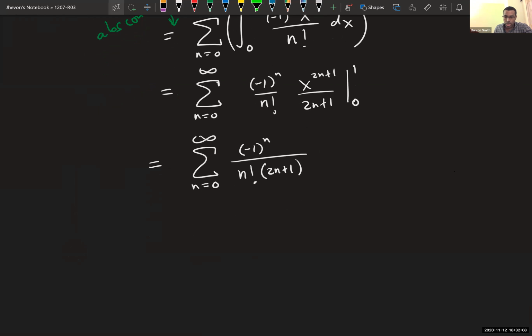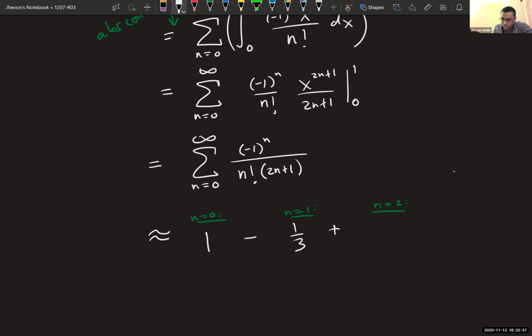And so what I can say is this is going to be approximately equal to, to start plugging in terms, my n equals 0 term, my n equals 1 term, my n equals 2 term. So if I plug in n equals 0, I would get 1. Plug in n equals 1, I would get minus a third.